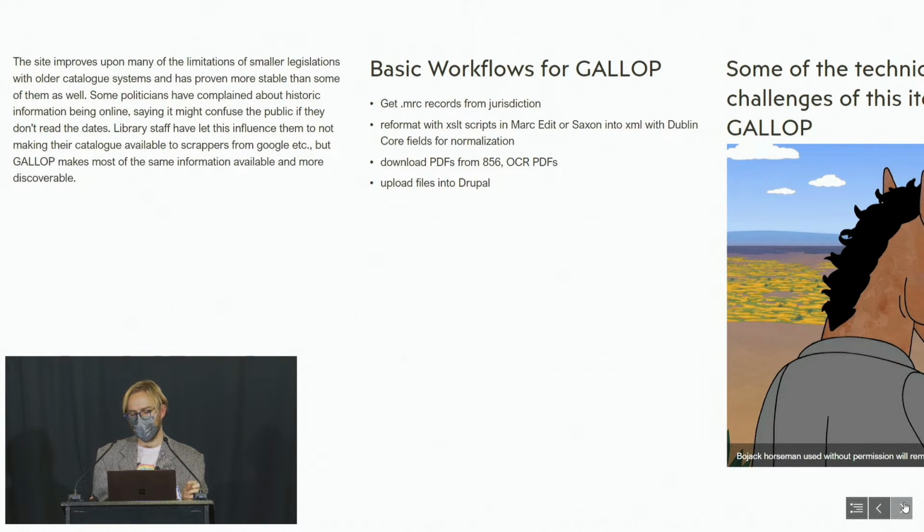So the actual legislative libraries aren't scraped by Google or whatever, but this Gallup site is. And instead of having the PDFs in the website that I showed earlier, it's just a link to those library websites. So it's not super accessible and causes various issues, but it is what it is, I guess.